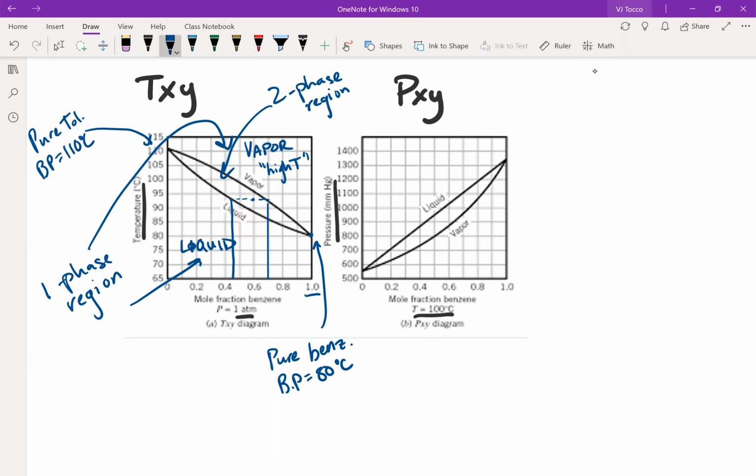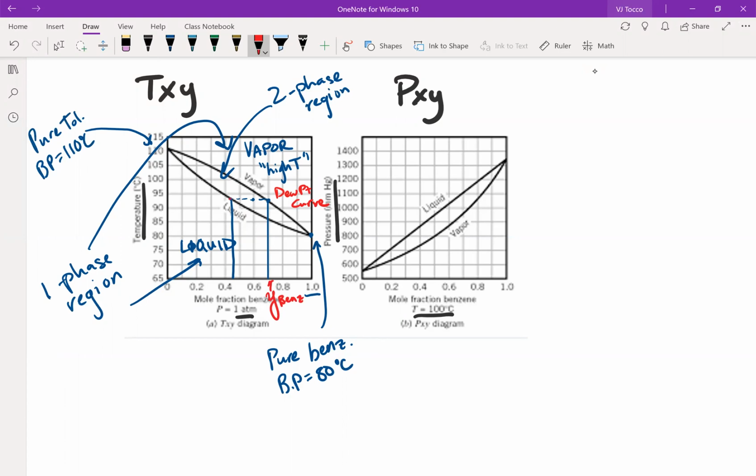So for instance, the point on the dew point curve, which is the one that's next to the vapor, I need to label that as well. This is going to be my vapor composition. So this is Y benzene there.